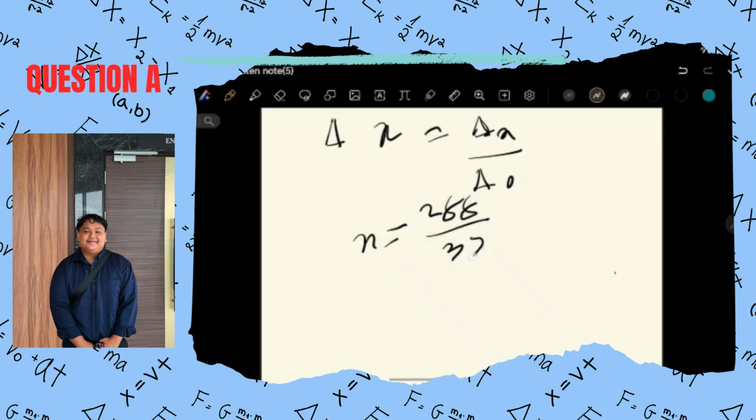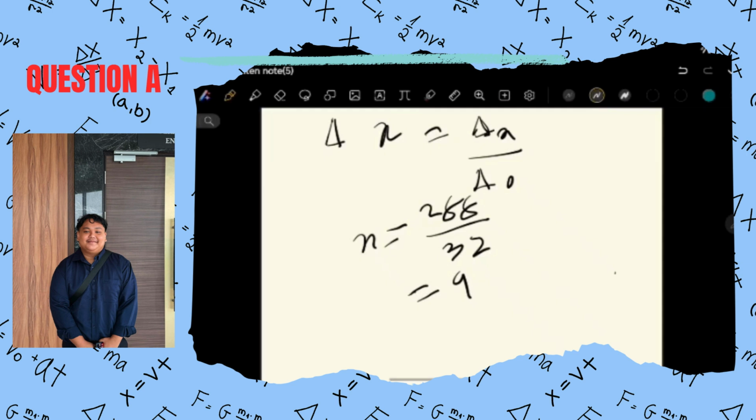Then to find x, we must use this rule: determinant x over determinant 0. It means x equals 288 over 32, and the final answer for x is 9. That is also the same as how we find y.